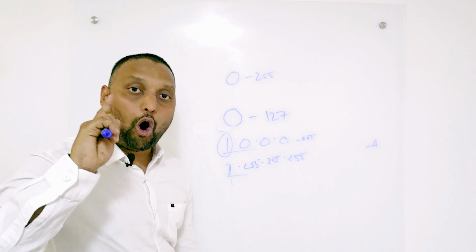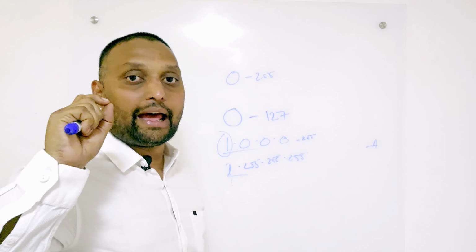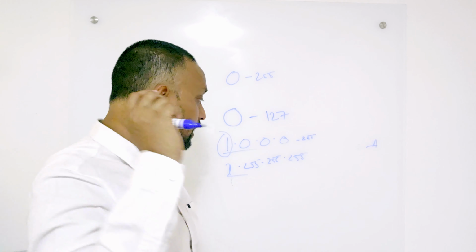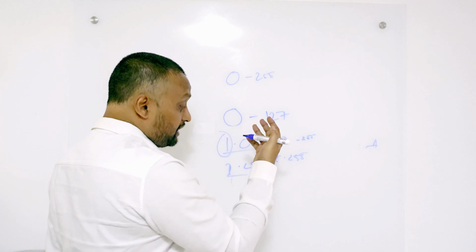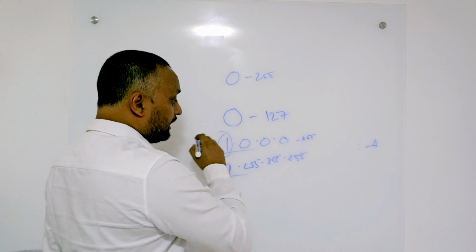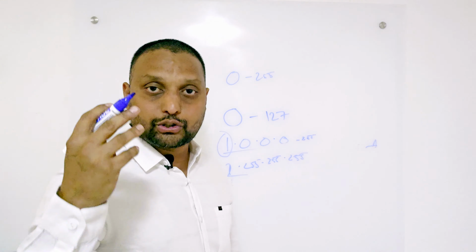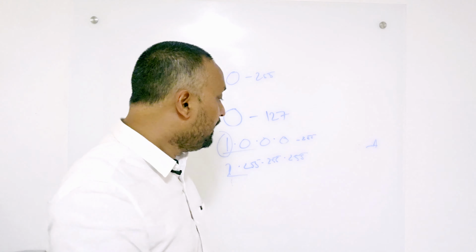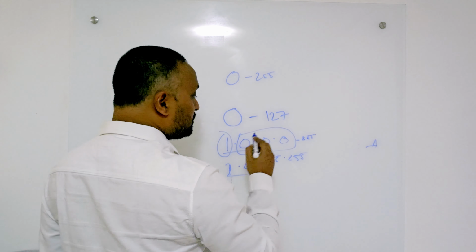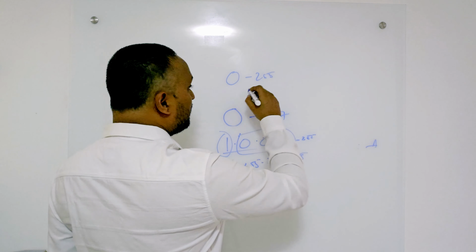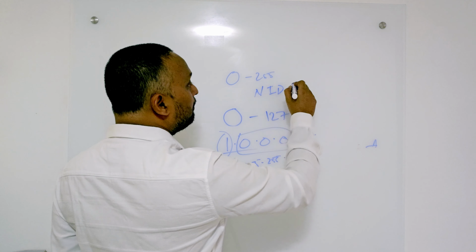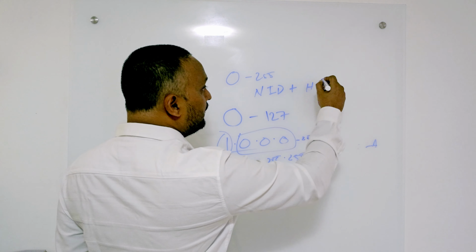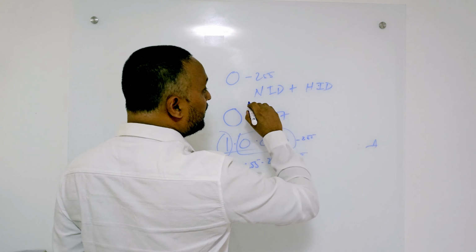The first octet is also known as the network ID, which defines the class. In class A, the first octet is the network ID, and the next three will be the host IDs. So network ID, NID, plus host ID. Remember these terms, it's very important.